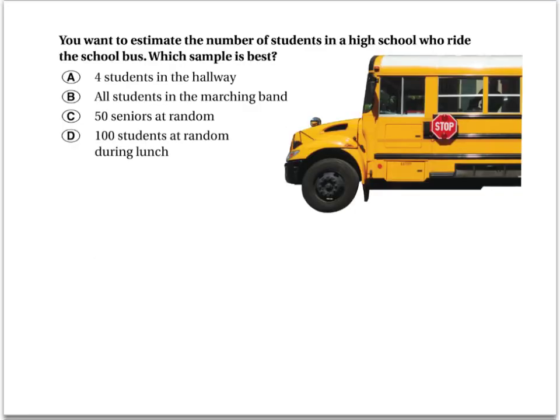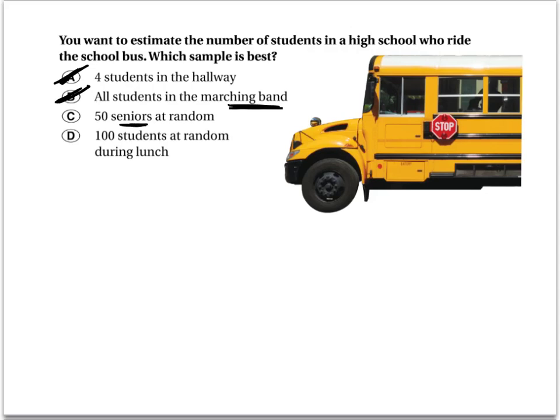Like I said, a lot of what we're doing here is just trying to figure out what's good data and what's bad data. It says you want to estimate the number of students in a high school who ride the school bus. Which sample is the best? Well, 4 students in the hallway is not a good sample of who rides the bus. All students in marching band, well, that's just a select group of marching band students, so that's not a good answer. It says 50 seniors at random.